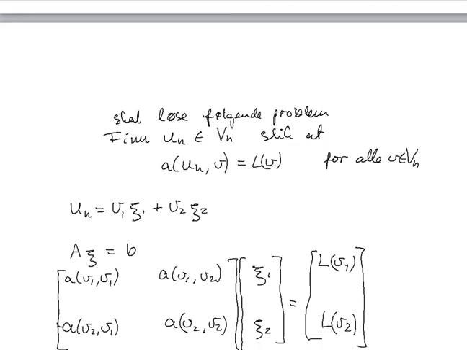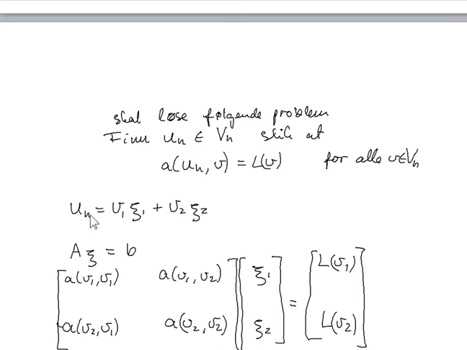Using the general theory, we know that our problem is now to find this u_H in the space V_H, such that this identity is satisfied for all V in this finite element space.